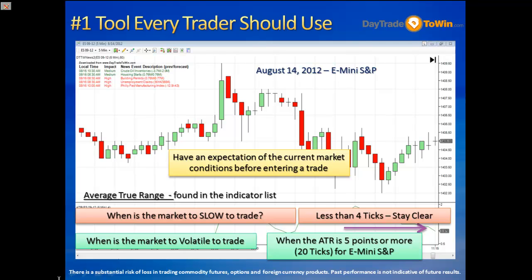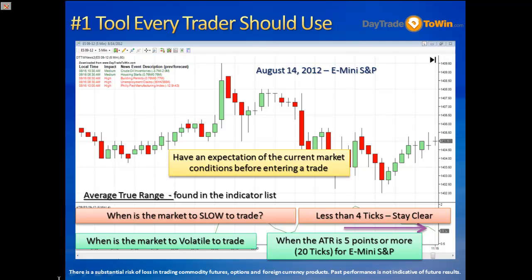So I'm only looking at the last 20 minutes on a 5-minute chart to tell me what to expect moving forward. I don't really care about what happened yesterday or 3 hours ago. That's history, right? The volatility, either slow or fast, is in the past. It occurred already. I need to know what the current conditions are.